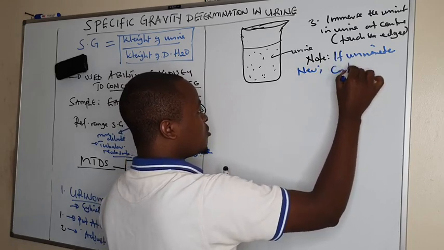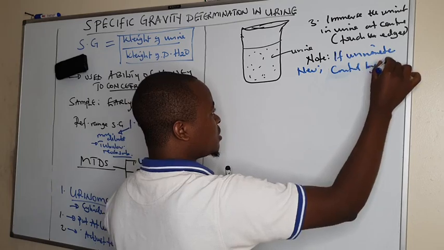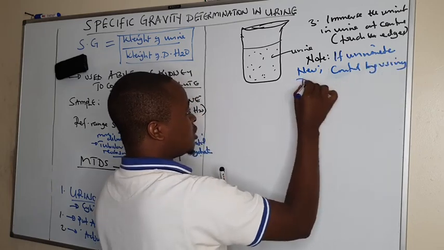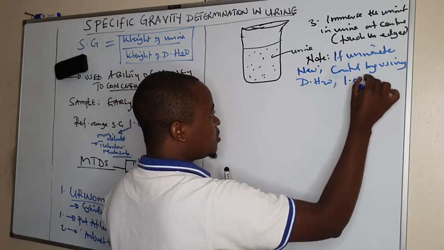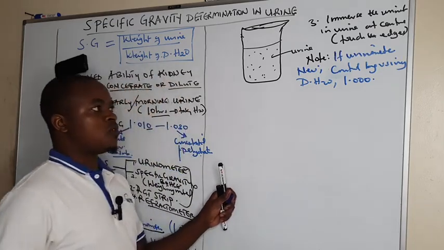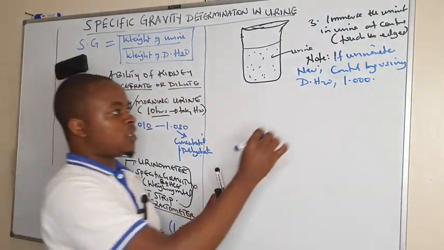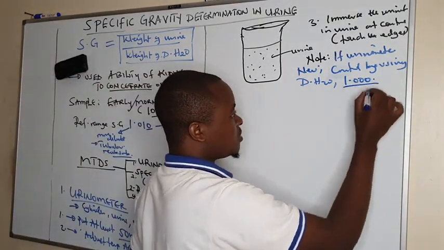We can use the word control or calibrate it by using distilled water. And the reading should be 1.00, because we know the specific gravity of distilled water is 1.00.